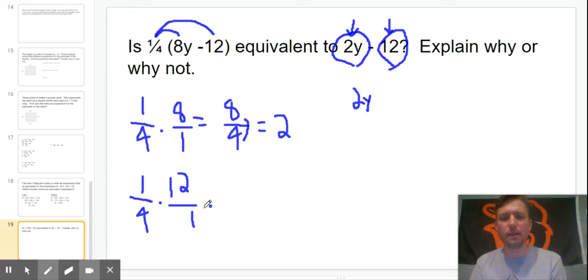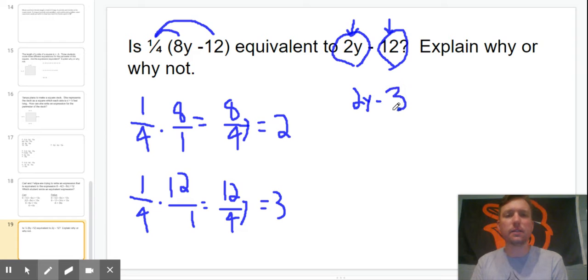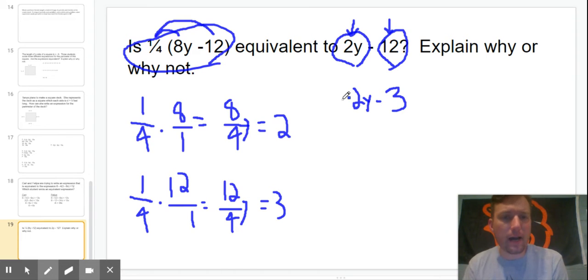That would equal 12 over 4. 4 goes into 12 3 times, so you could simplify this fraction, and that would give you 3. Since it's a negative, it would be negative 3. So this expression here, 1/4 times 8y minus 12, is simplified to 2y minus 3.